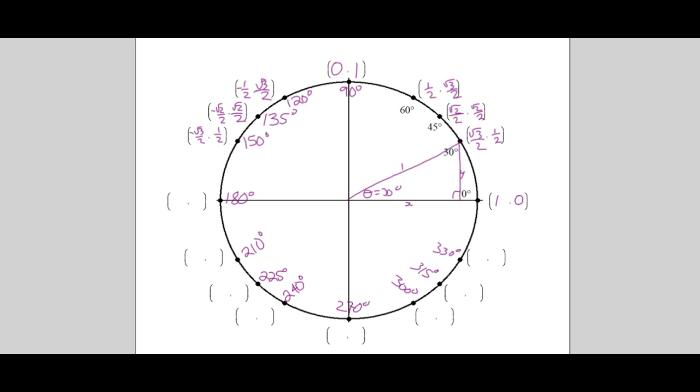Where's 180? Negative 1, 0. Okay, so if I want to get this quadrant, I just take these guys and reflect them down, right? So the 150 goes with the 210, right? Same distance, right? They're the same x distance, right? They're this far, and the y values are, so what's the y value for 210?